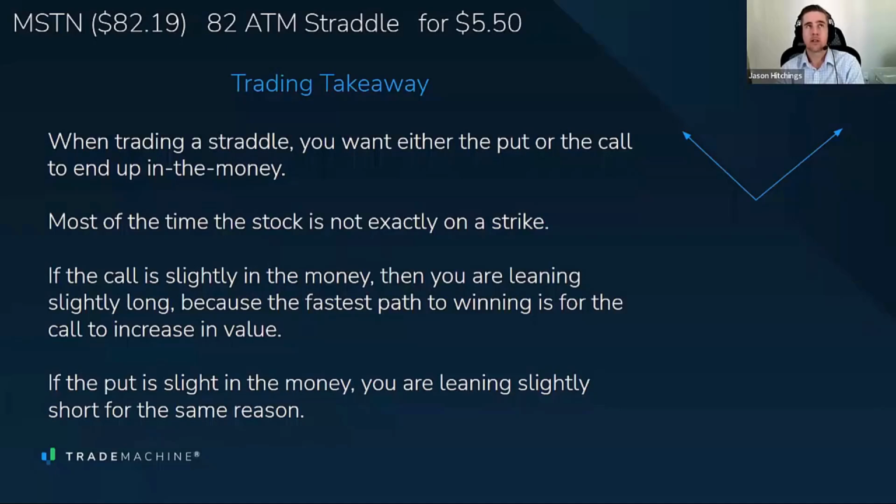So if you wanted to buy a straddle, you're going to have to choose either the 10 strike or the 12.50 strike. And if you choose the 10 strike, well, then the call is going to be a little bit in the money and the put's going to be a little bit out of the money.